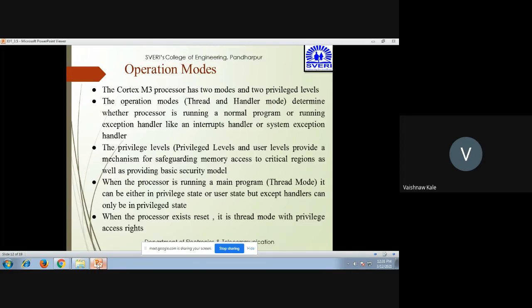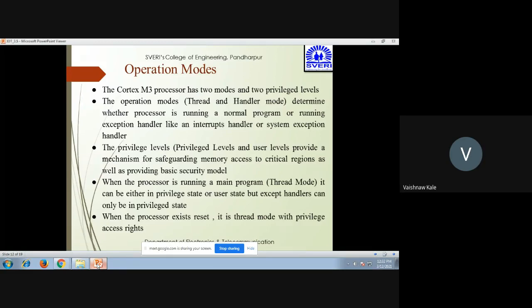Then there are 2 privilege levels. One is the privilege level and the other is the user level. They provide a mechanism for safeguarding memory access to critical regions as well as providing a basic security model. Why are these 2 levels there? At user level there are some programs which you can run, but privilege level cannot be opened to everything, otherwise there will be security issues.